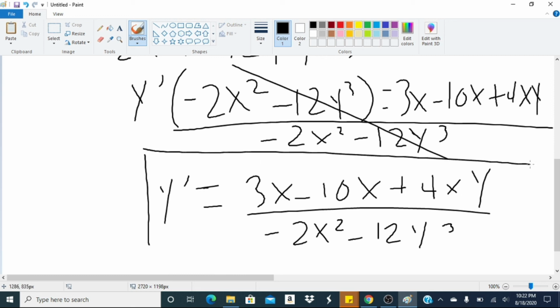That is our answer to this specific problem. Now with this, we can use it to actually attain the slope of a tangent line, which is the basis of calculus in regards to differentiation, as a lot of you are aware of.